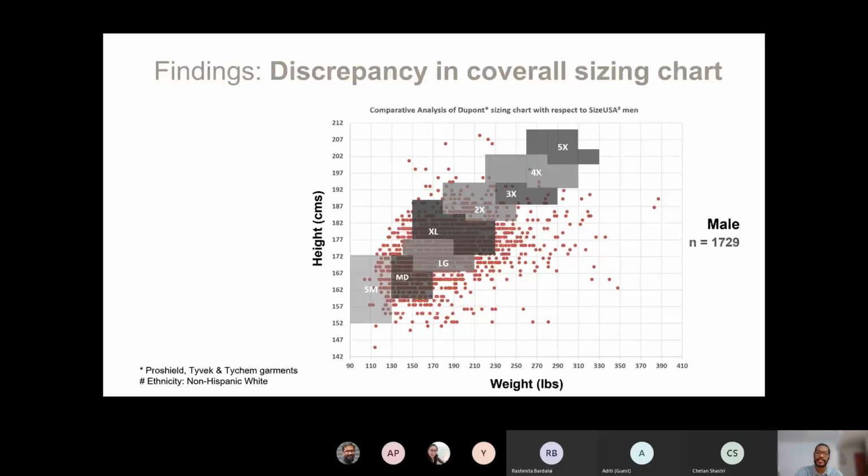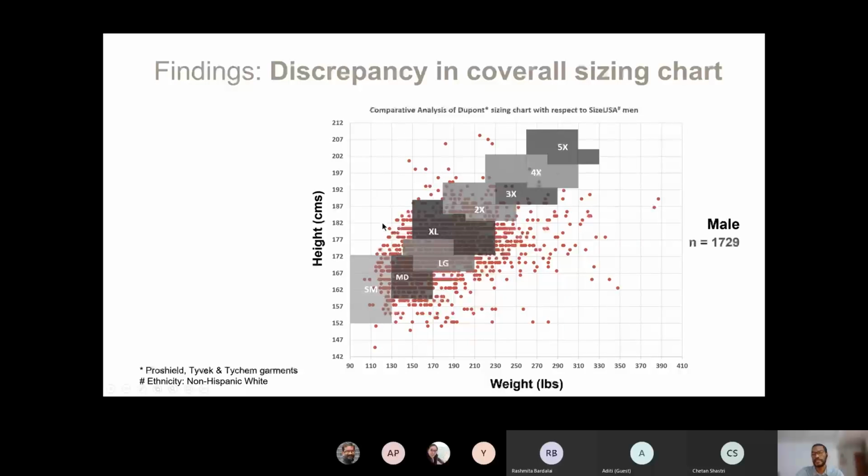So I used that study to see whether existing commercial coverall manufacturers are catering to the body types in the market currently. The square blocks that we see are actually the small, medium, large, extra large, and so on sizes being currently offered.